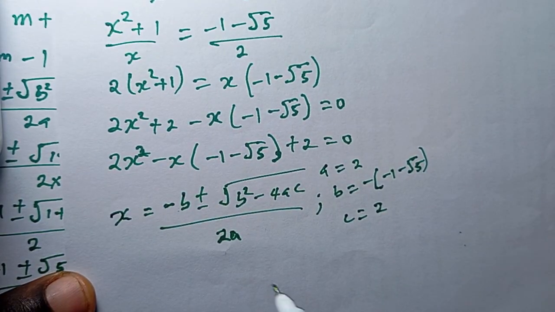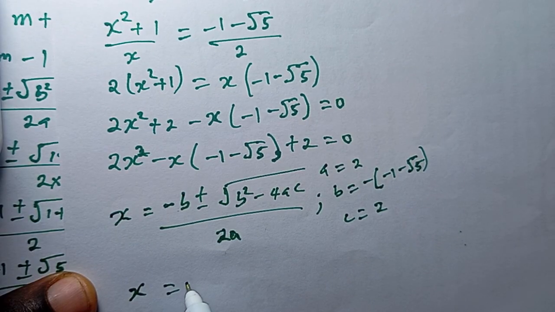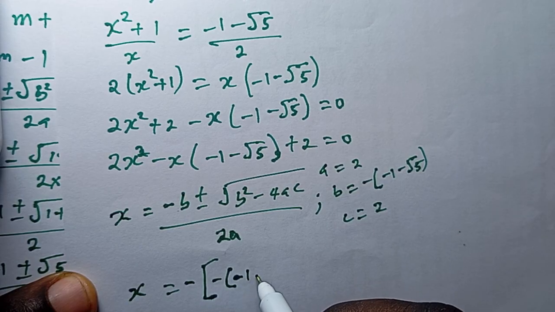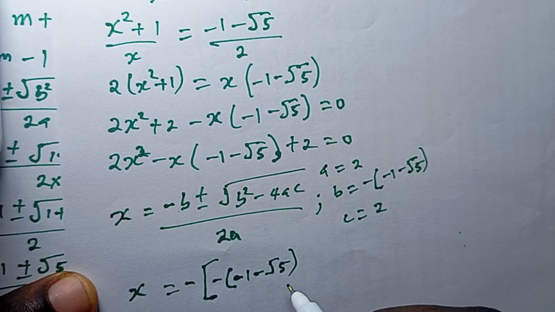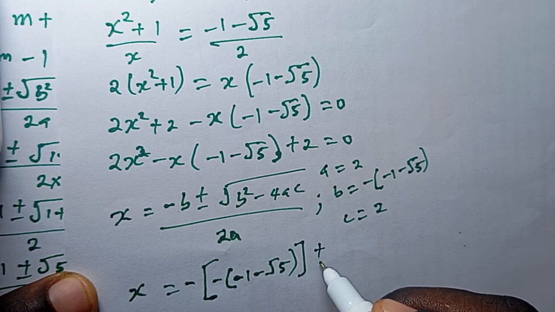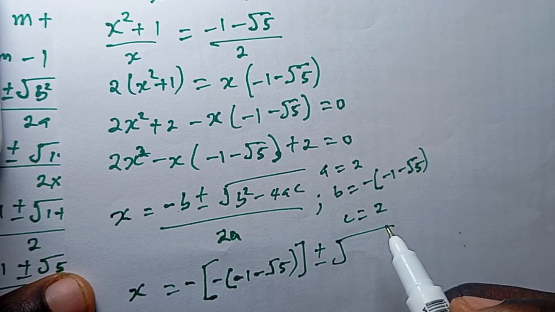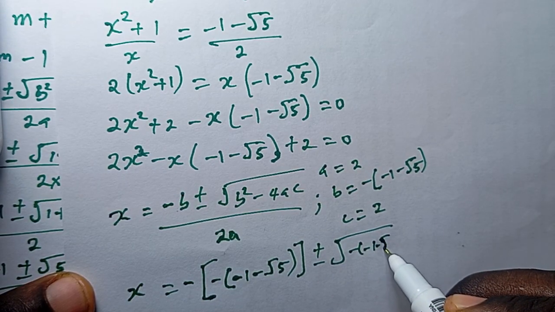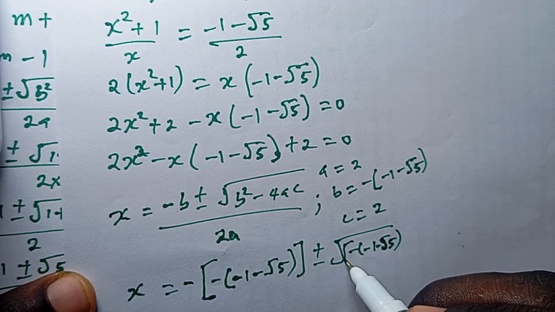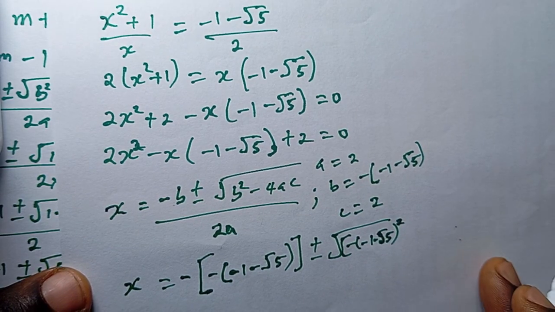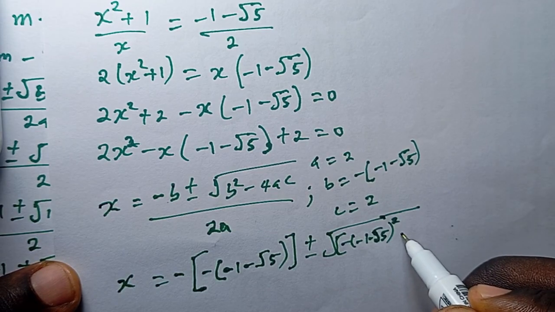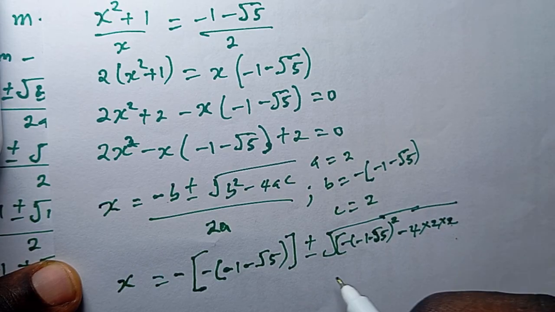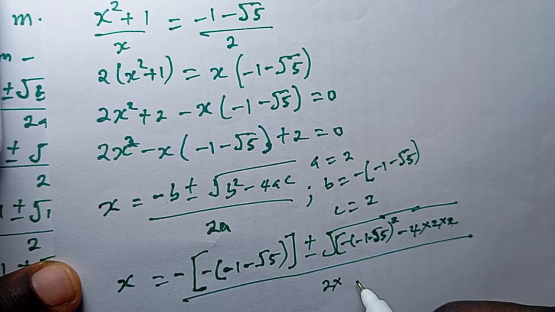So if I replace them here, x will now be equal to minus into (-1 minus root 5), then plus or minus root of (minus into (-1 minus root 5)) all raised to power 2, and then minus 4 times 2 times 2. All of these divided by 2 times 2.